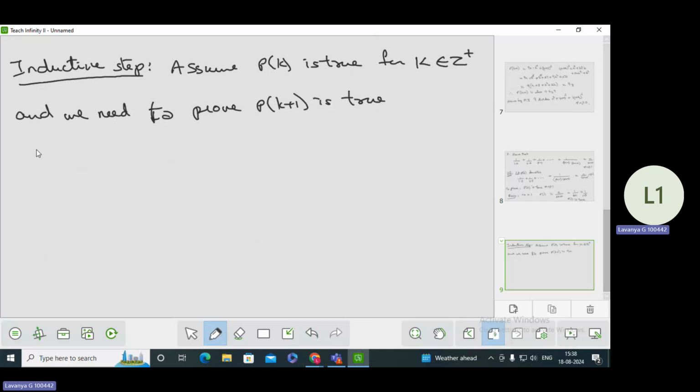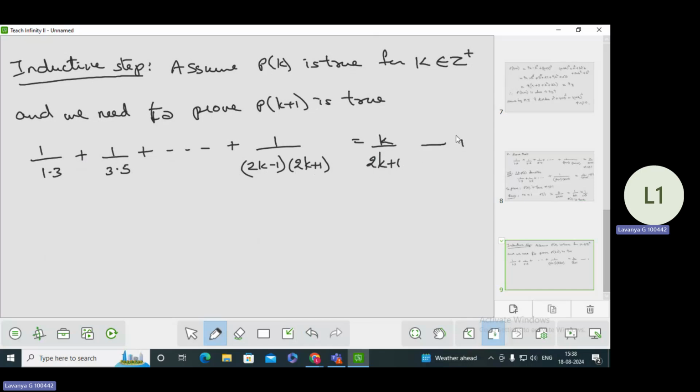Alright. Now consider 1 divided by 1 into 3 plus 1 divided by 3 into 5 plus etc. plus 1 divided by 2k minus 1 into 2k plus 1 equal to k divided by 2k plus 1. So it is k divided by 2k plus 1. We are taking this to be our equation number 1.